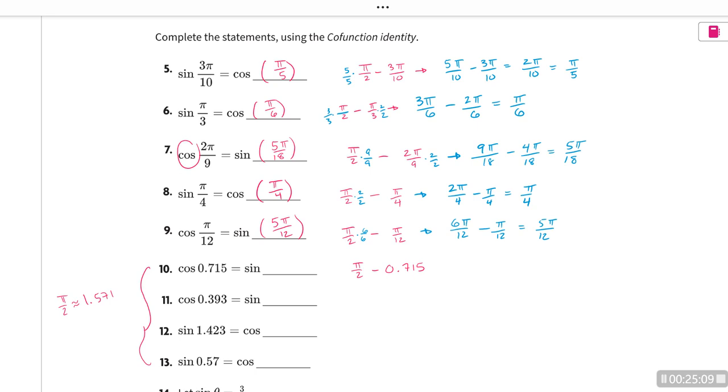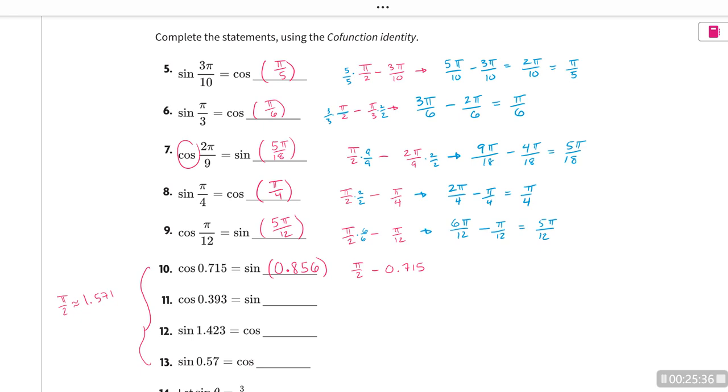But I'm not going to use that number. I'm going to keep it as pi over 2 in my calculator and just subtract 0.715 so that I get the most exact answer possible. Since it gives me 3 decimal places, I'll continue to use that. So it was 0.856. Okay.